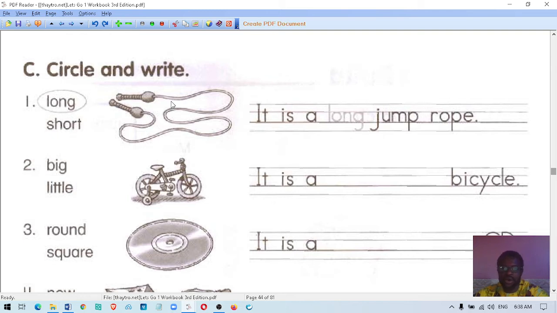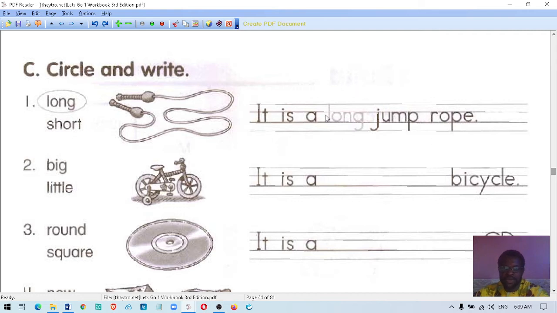Or my parents, you say what? They, because parents means mom and dad, or mother and father. But when it is one thing, we use what? It. Okay? So like here you see, it is a long jump rope.